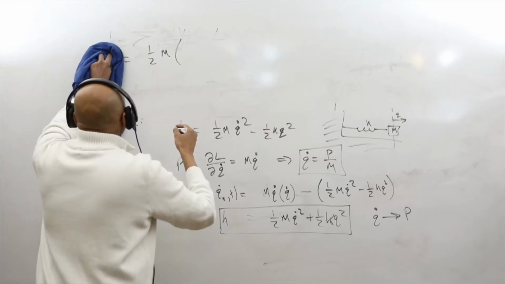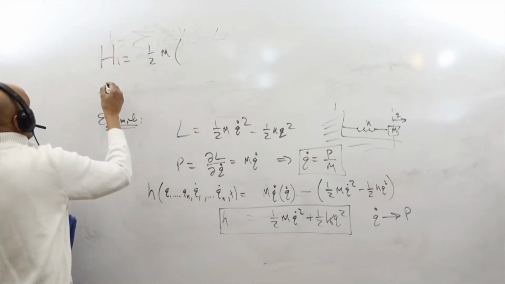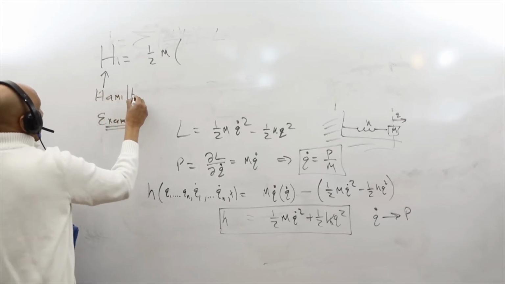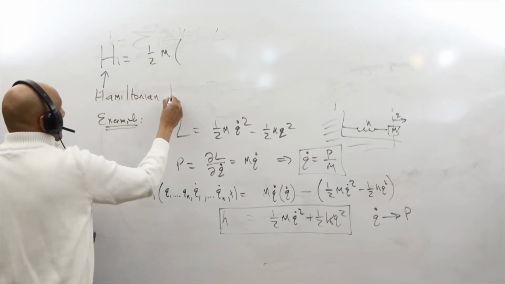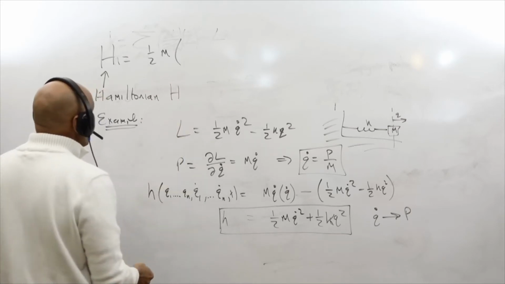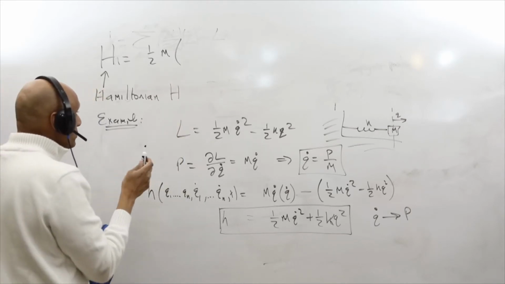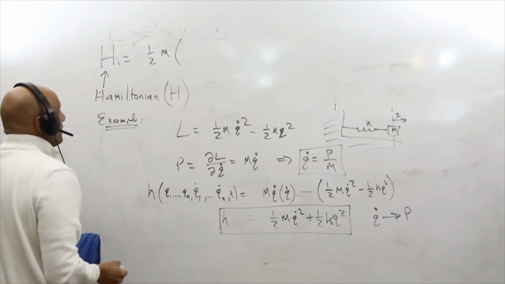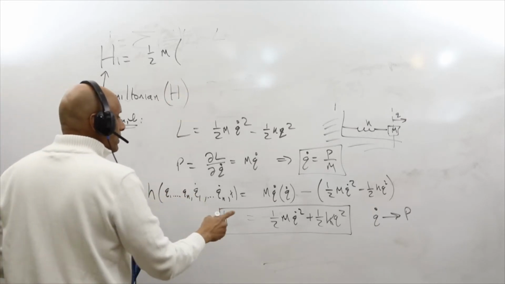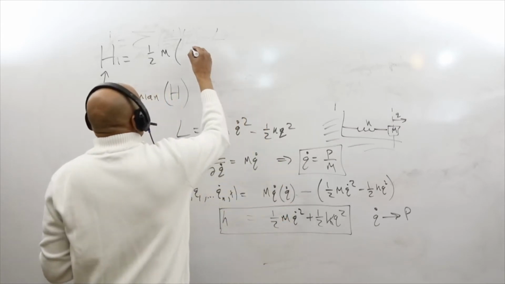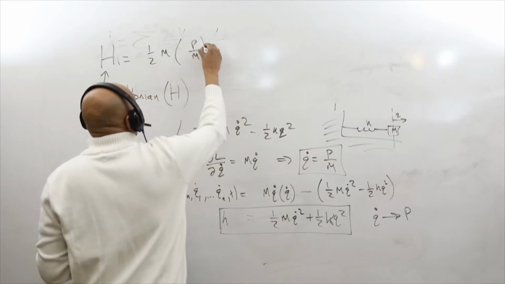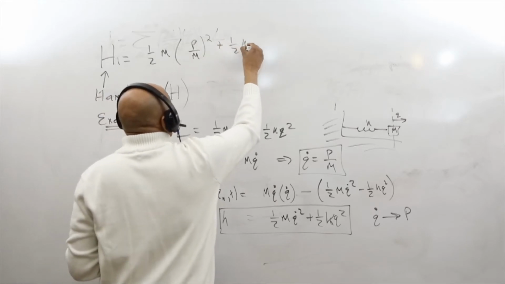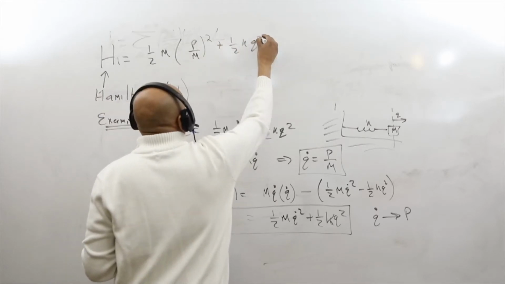I'm going to call this a new function, capital H, as opposed to the lowercase h, and this is called the Hamiltonian. So sometimes people just say the Hamiltonian. So the Hamiltonian is equal to 1/2 m times p over m squared plus 1/2 k q squared.